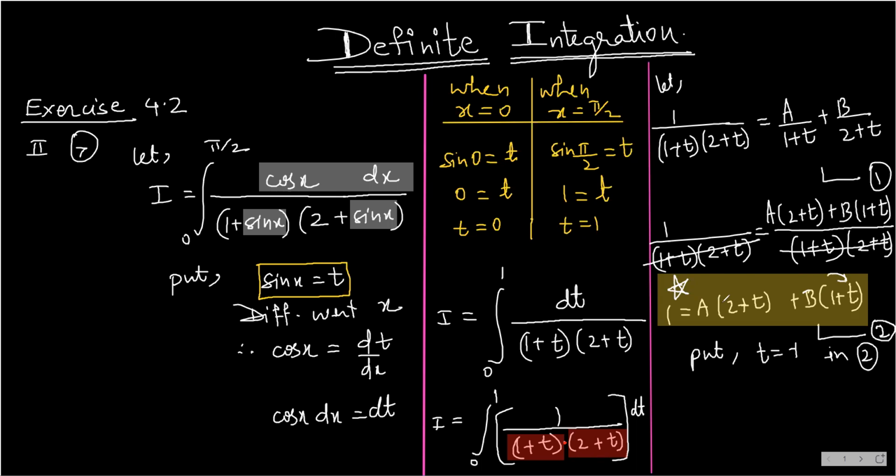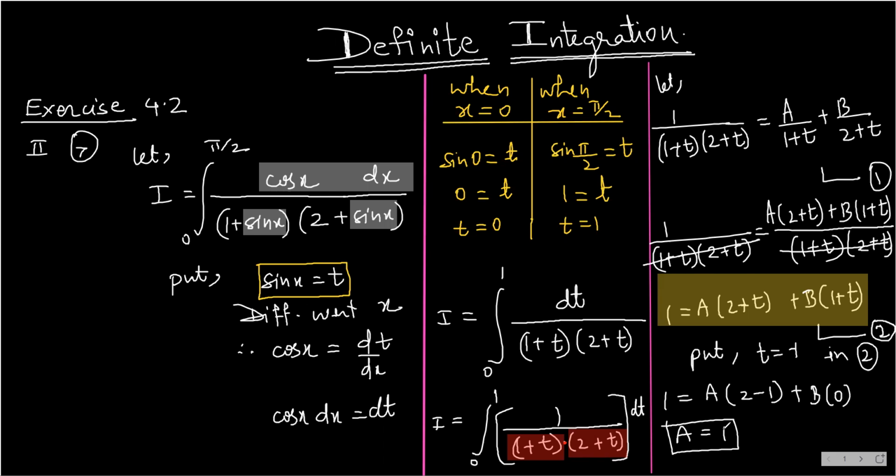When I put t as -1, 1 minus 1 becomes 0, b into 0 is 0, and b gets eliminated. So I get 1 equals a into (2 minus 1) plus b into 0. A into 1 is 1, so a is 1.